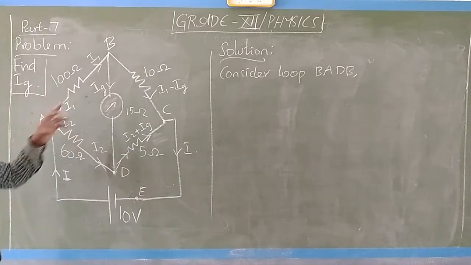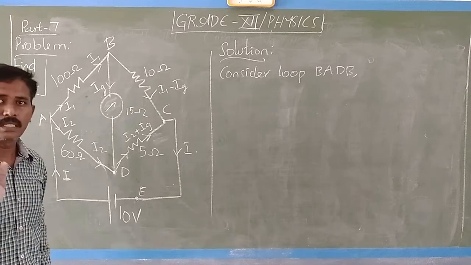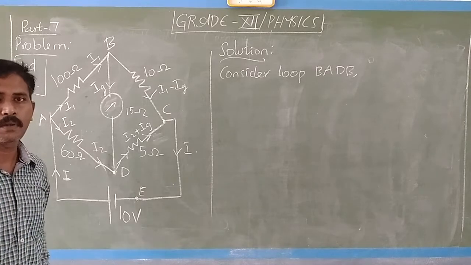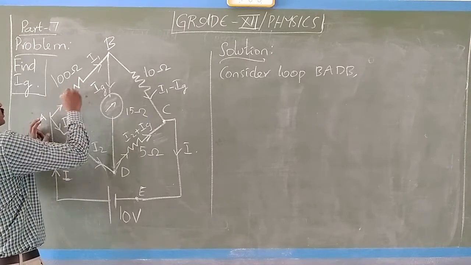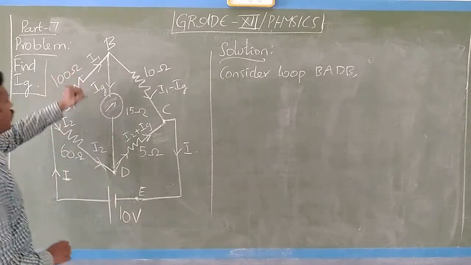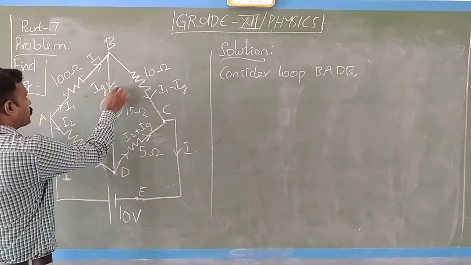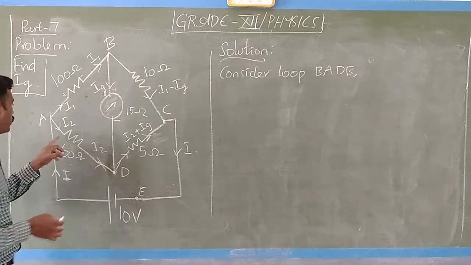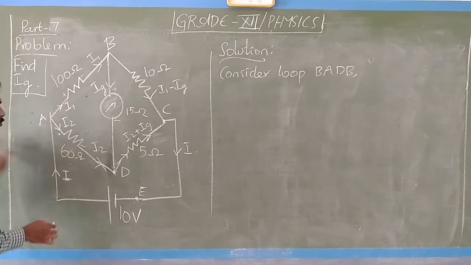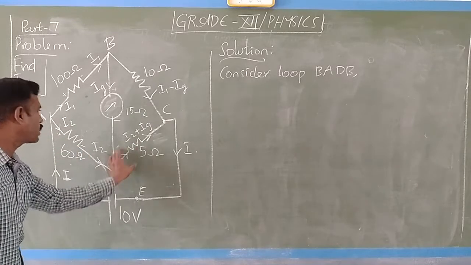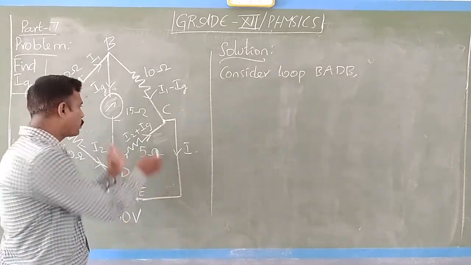Then you first mark the current directions with positive and negative signs. I1 goes like this, this is positive, this is negative. I3 goes like this, so here positive, this is negative. I2 like this, so this is positive, this is negative. I5, this current goes like this, I2 plus I3 is one current.